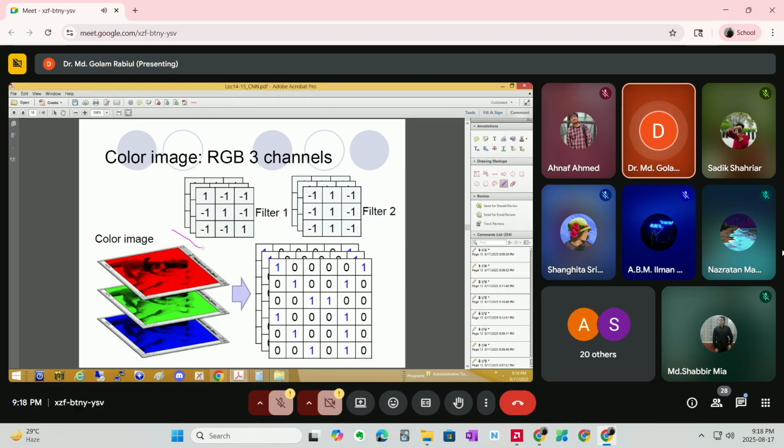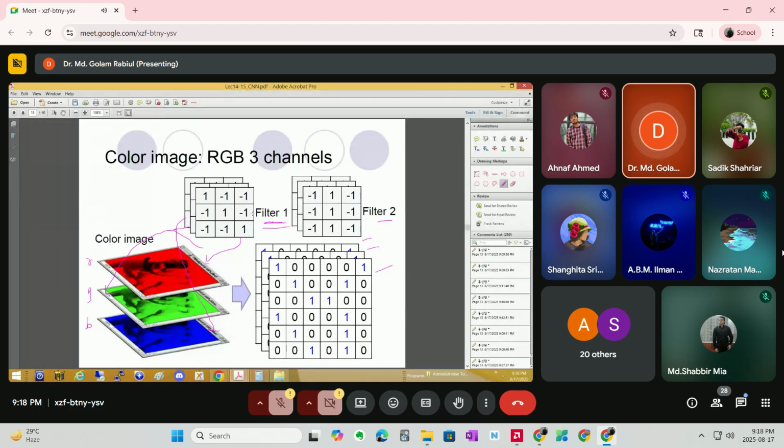Now, if we think about a color image, as I already mentioned, each and every pixel has color values, like red, green, and blue components. So we have to apply filter 1 on the red component, the blue component, and the green component, and we will get the output for the red, green, and blue components of filter 1.